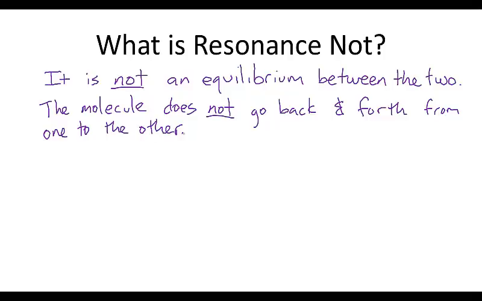Now, does a Prius go back and forth between being an all-electric car one second, and then the next second it's a regular Toyota Camry with an all-gas engine? Does the engine actually swap out second by second?